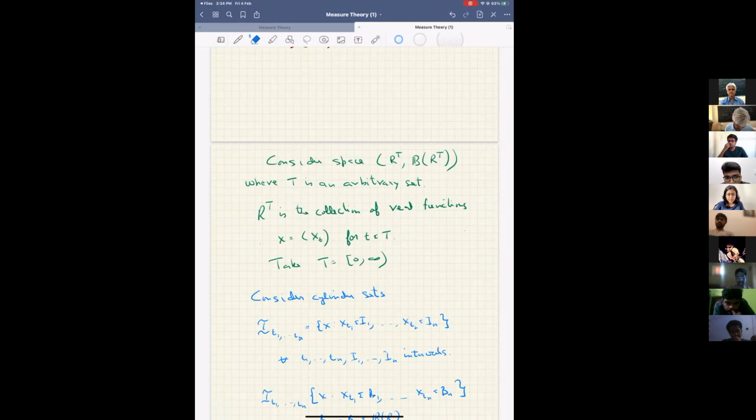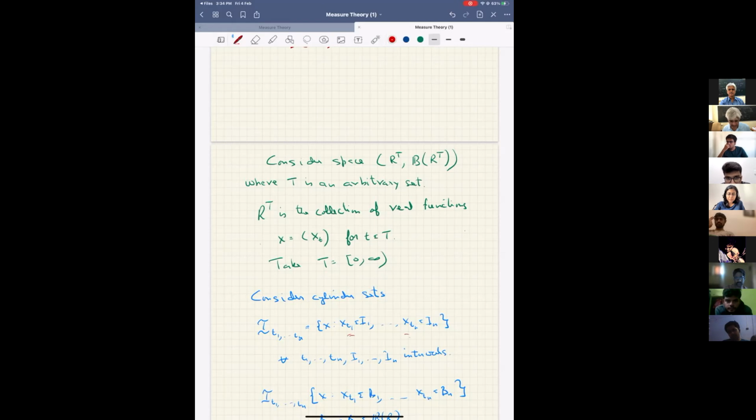So we'll just take finitely many time points, t1 through tn, and we'll restrict x on those. So x(t1) lies in a rectangle I1, x(tn) lies in a rectangle In. Everywhere else, x can take any value, from minus infinity to plus infinity. So these are our cylinder sets now.